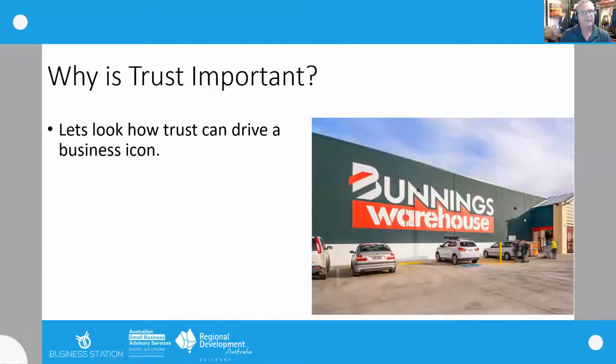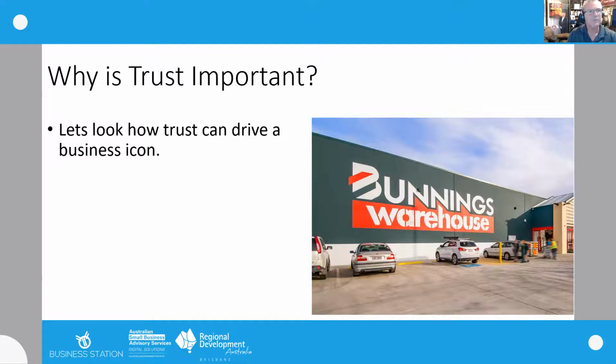Now, the first thing that we're going to talk about is, of course, success stories. One of the biggest success stories in Australian recent history is Bunnings Warehouse. I had the pleasure of working in a leadership role and a developing leaders role within that organisation for 12 years.